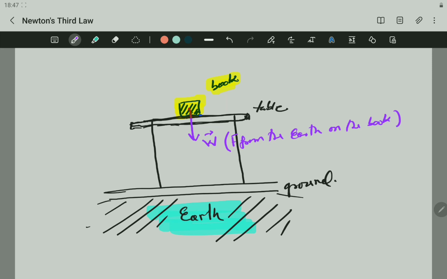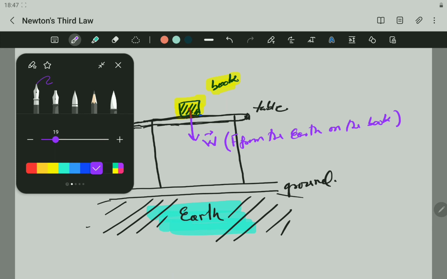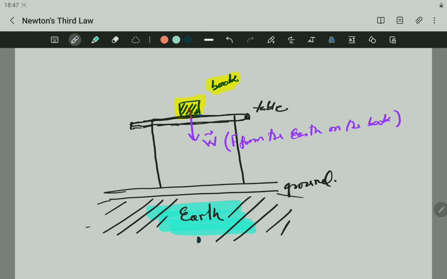All right, and the book is pulling up the earth with a force that is equal in magnitude. That must be from the center of the earth. We cannot do the drawing. This is the force from the book on the earth.